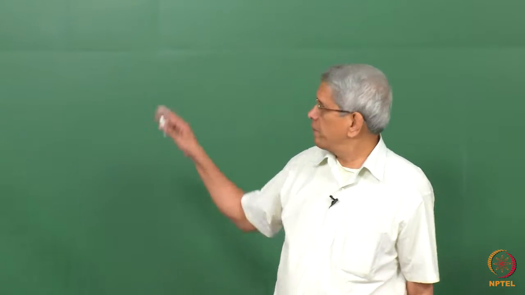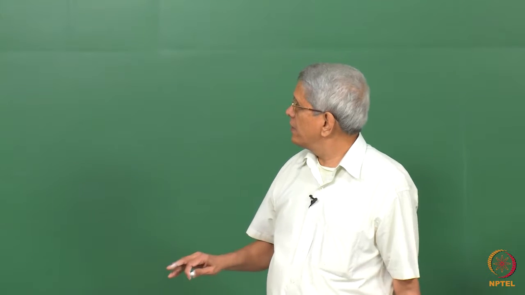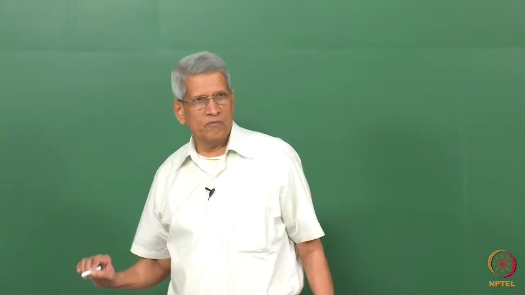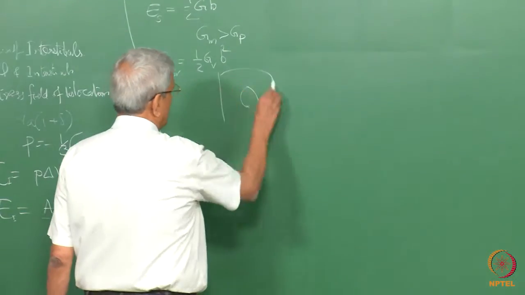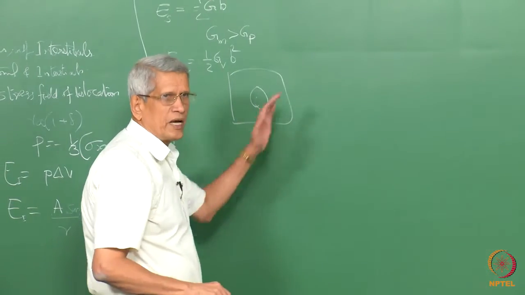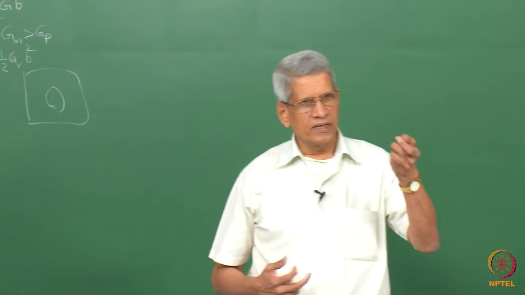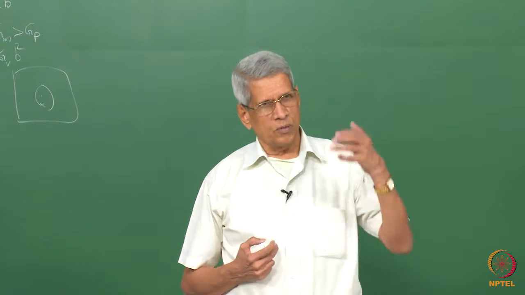Suppose we consider the case when the second phase, this region which we are considering, has a modulus which is much higher. Then the self energy of the dislocation within that region is going to be very high.